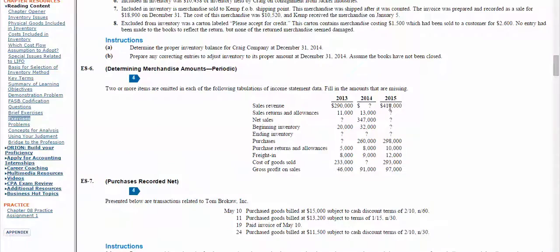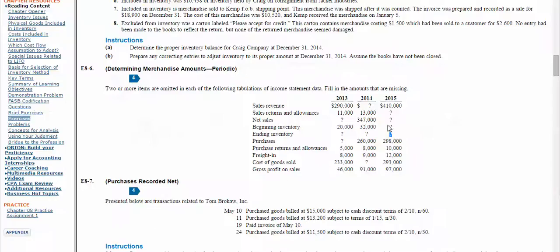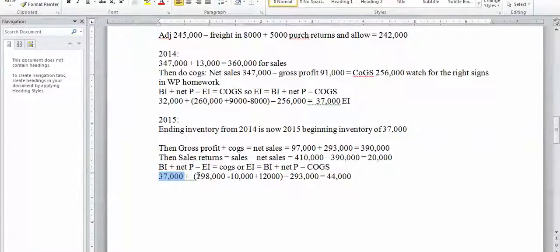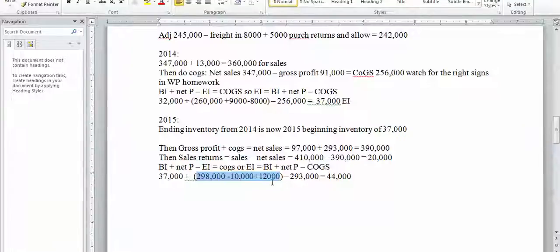So now we know this number, this number, this number, and we have the beginning inventory. All we have to get now is ending inventory. To get it, we adjust this formula here and turn it into this formula here. We have 37,000 as the beginning inventory, which we calculated earlier. Net purchases, so we take the 298 minus the purchase returns plus the 12,000 freight.